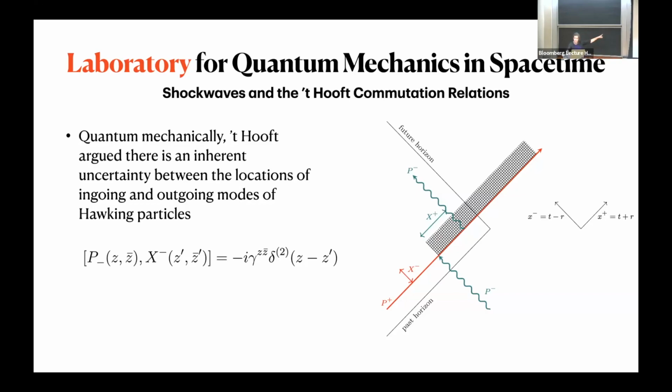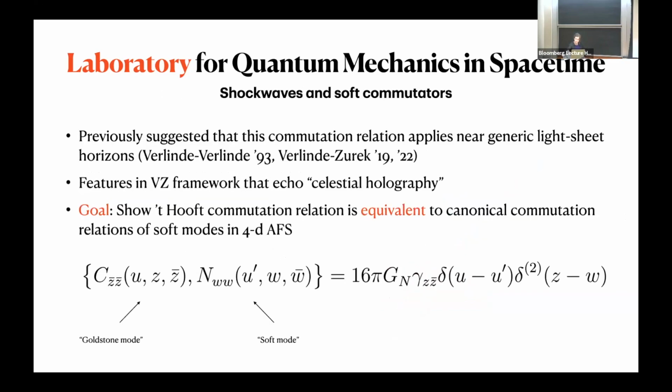This I'm going to show is actually equivalent to a commutation relation that may be more familiar in celestial holography. So I should say that it had been previously suggested that this commutation relation applies near generic light sheet horizons, even in flat space. This actually dates back to the Verlindes, a paper they wrote in '93.